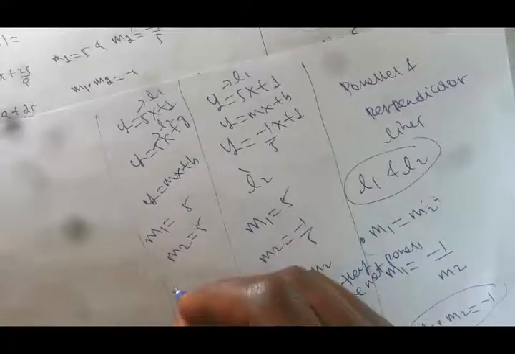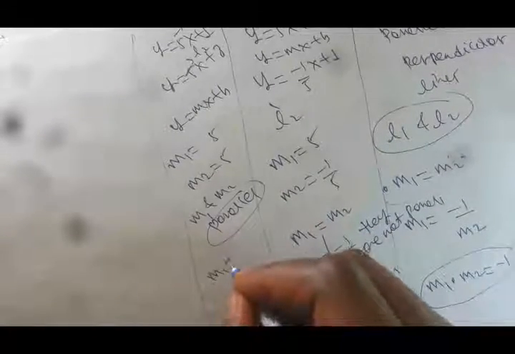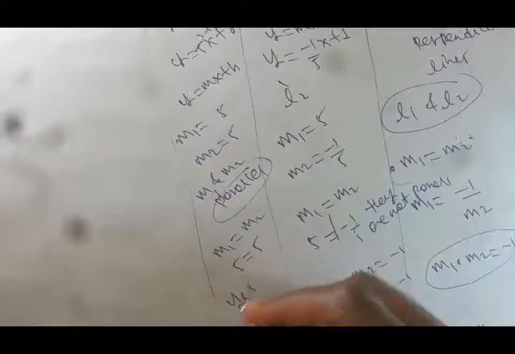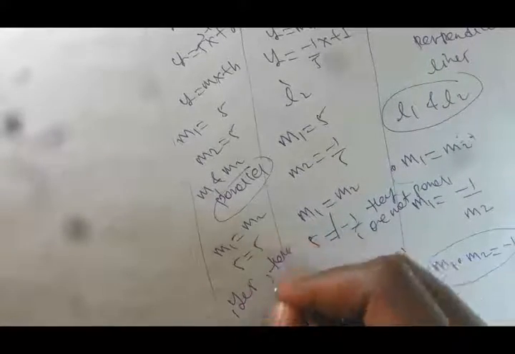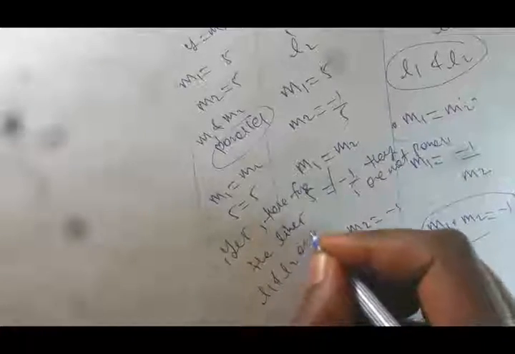Let's check if L1 and L2 are parallel lines. Two lines are said to be parallel if their slope m1 is equals to m2. Does 5 equal 5? Yes. Therefore, the lines L1 and L2 are parallel.